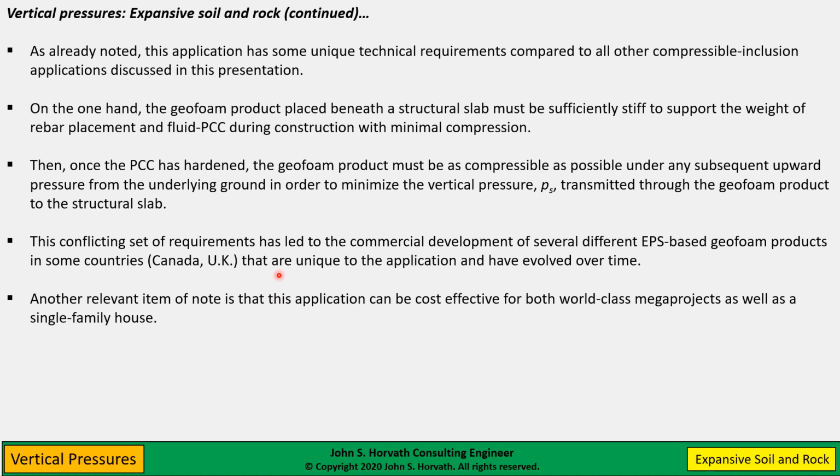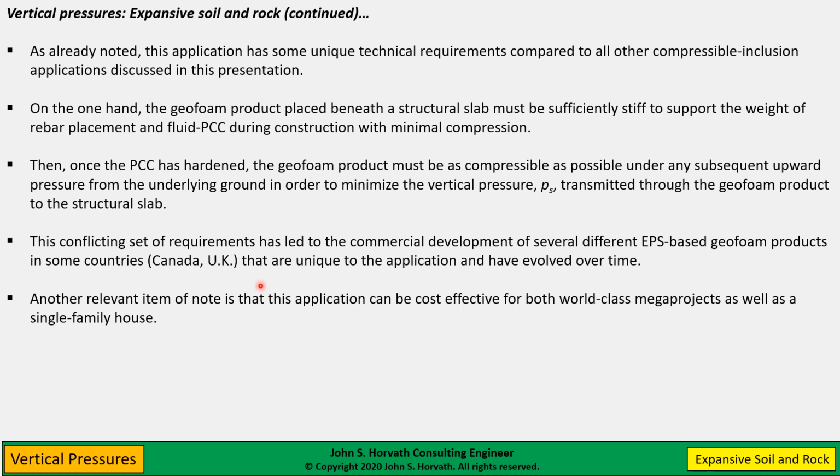One thing of particular note with these products is that they're cost effective for the entire range of engineered construction. They have been used on world-class mega projects, and they've been used on single-family houses. And I'll just show you a couple of examples to show you the fact that these products can be cost-effective on the entire range of engineered construction.